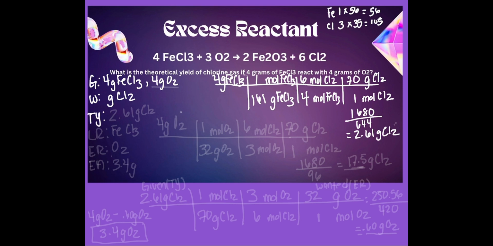Now let me go ahead and set up my theoretical yield, my limiting reactant, my excess reactant, and the excess amount. Okay, I have all of that set up over here. So now I'm going to create room for my second railroad track.